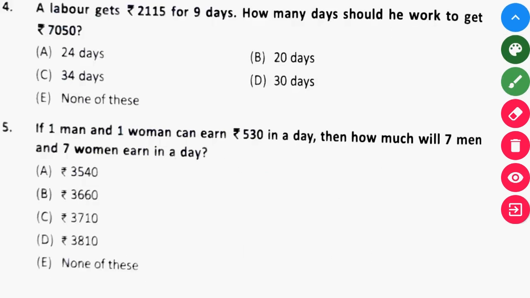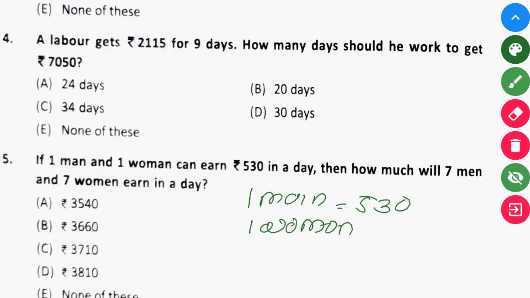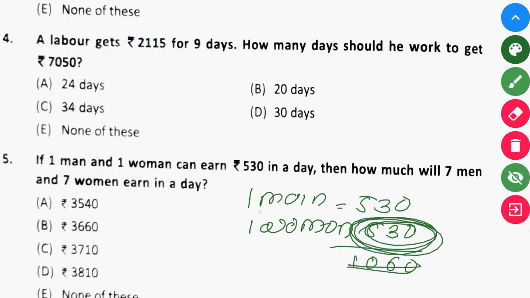Here the twist is, it is not that one man earns 530 rupees and one woman earns 530 rupees, so together they earn 1060 rupees. No, together they earn 530 rupees. So if 7 men and 7 women come together, how many rupees do they earn?